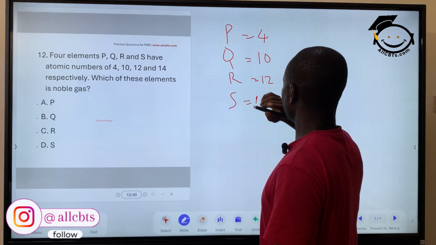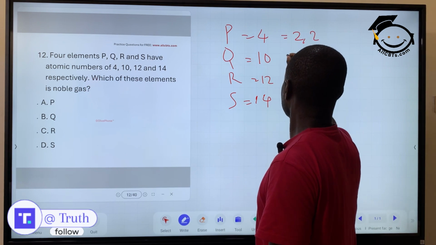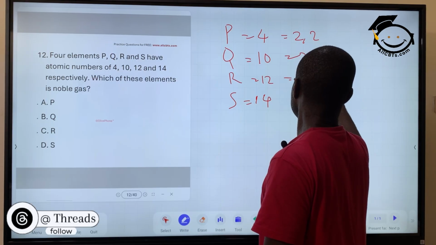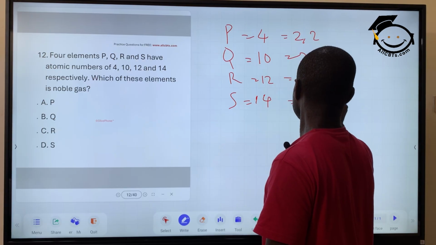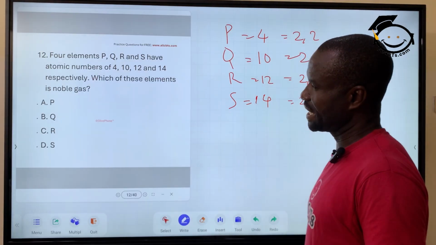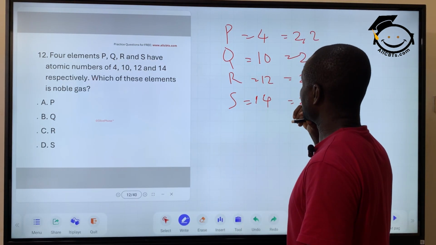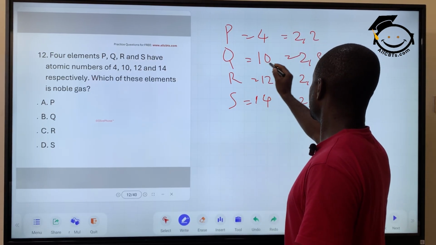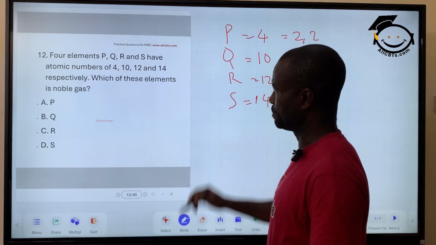You can write the electronic configuration out as 2, 2; 2, 8; 2, 8, 2; then 2, 8, 4. A noble gas is defined as a gas that has a completely filled atomic shell. So of all these options, which one has a completely filled shell? The correct answer is 2, 8. Every other one is partially filled. So the correct answer is Q.